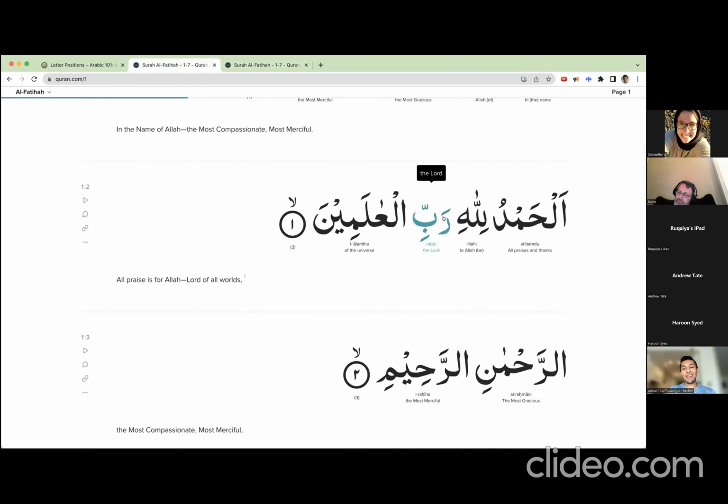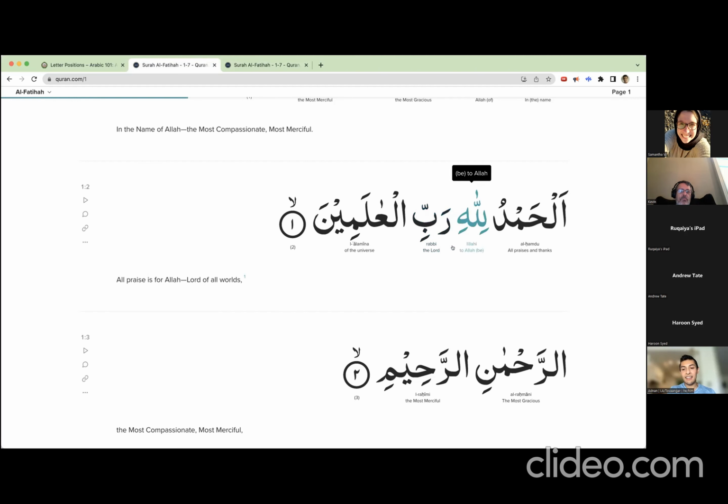All right, and then what is this word? This is a ra, and then here's the letter ba with one dot below. And you have doubling of the ba. And so Rabbi. Why does it end in an E sound?